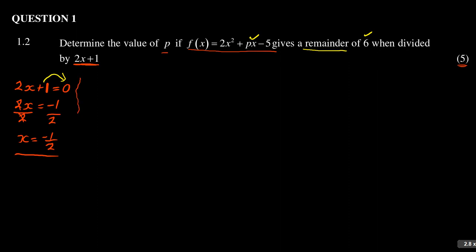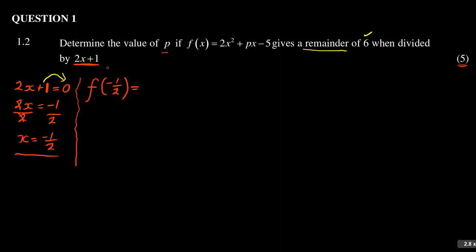Then the next thing that you need to do is to have your f of minus 1 over 2 is equal to. So now if you go to your question that is given, remember we are given our f of x.